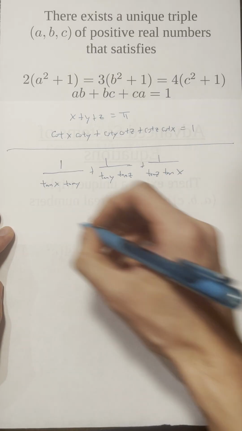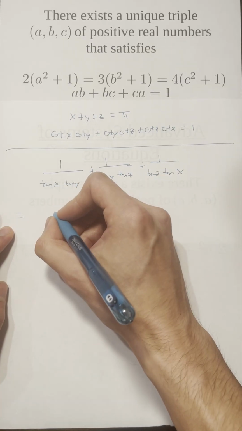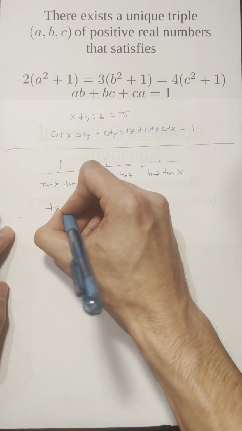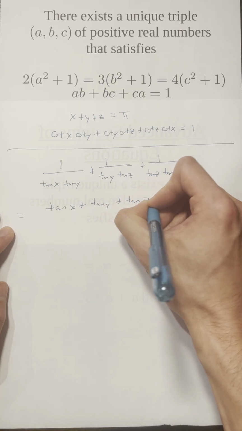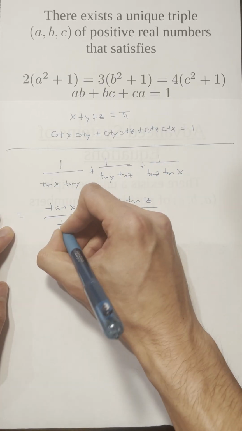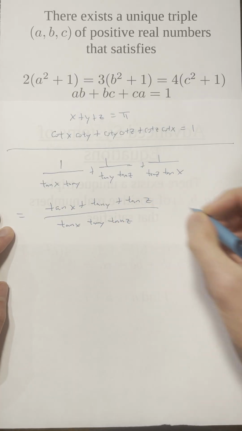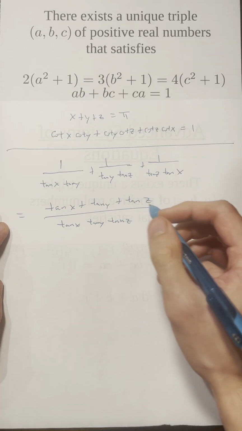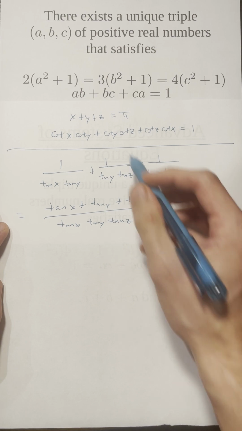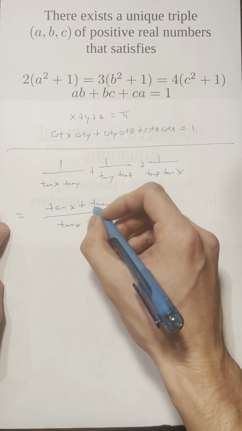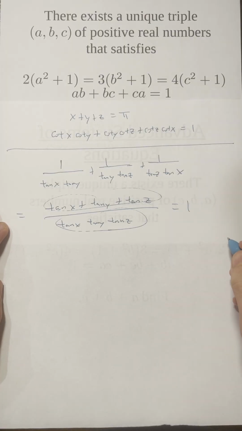And we need to get a common denominator. The goal is to show that this is 1. It's going to turn into tangent x plus tangent y plus tangent z over tangent x times tangent y times tangent z. And if x, y, and z are angles in a triangle, then this is going to be equal to this. So it's equal to 1.